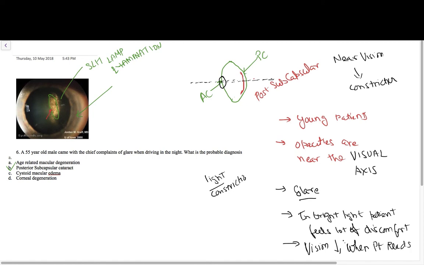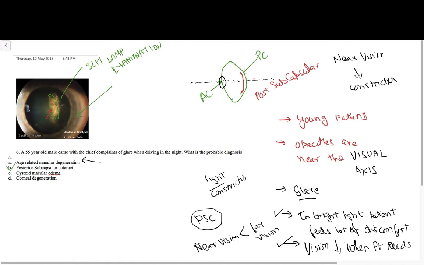Okay, so during near vision it is much worse. So I would say near vision is less than far vision in posterior subcapsular cataract. Now I basically see the other options also.